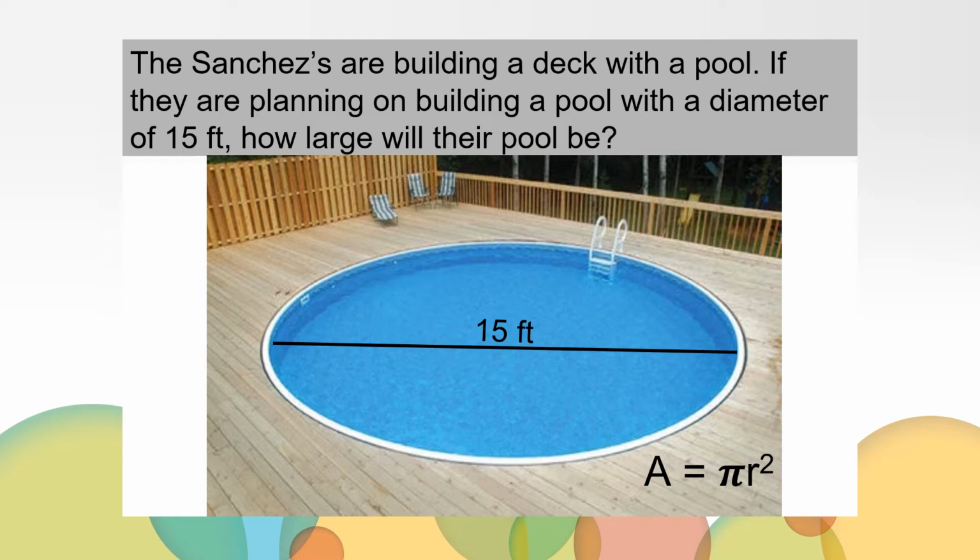I remember that the radius is half the length of the diameter in a circle. So, if the diameter is 15 feet, the radius must be 7.5 feet, or 7 5/10 feet, because 7.5 is half of 15.